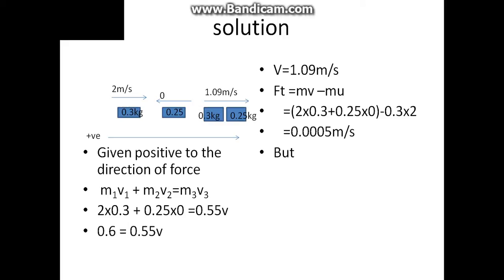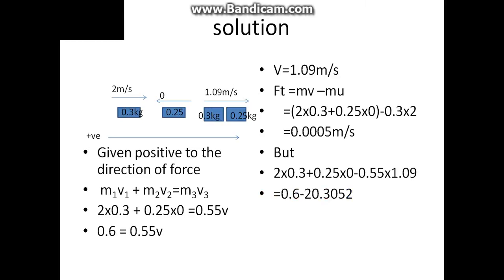But for the stationary body, we have that 0.3, which is the mass of the moving body, times 2, plus 0.25, which is the mass of the stationary body, times 0, minus 0.55, that is the mass of both bodies combined together, times their common velocity, which gives you 0.6 minus 0.3052.